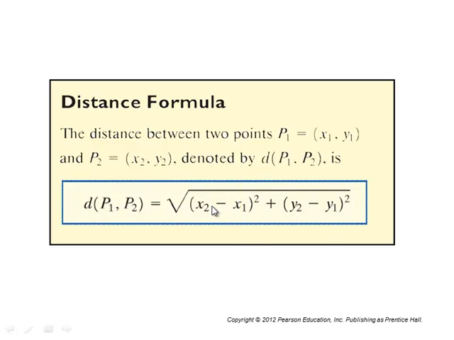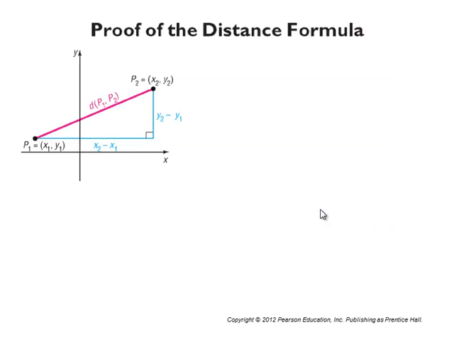So you just subtract the x-coordinates and square that difference, and take the difference of the y-coordinates and square that difference, and then add those differences squared together, and then take the square root.